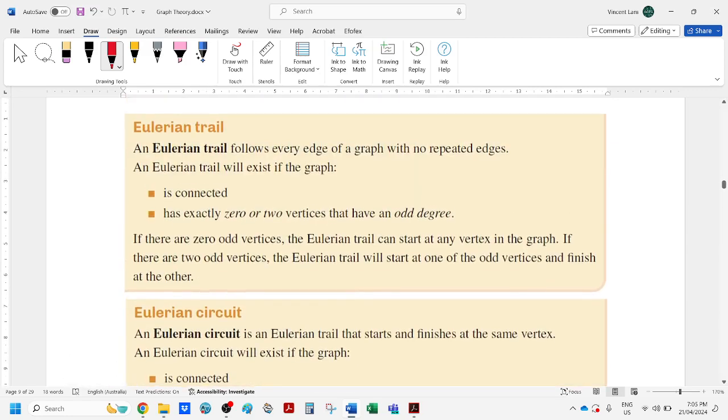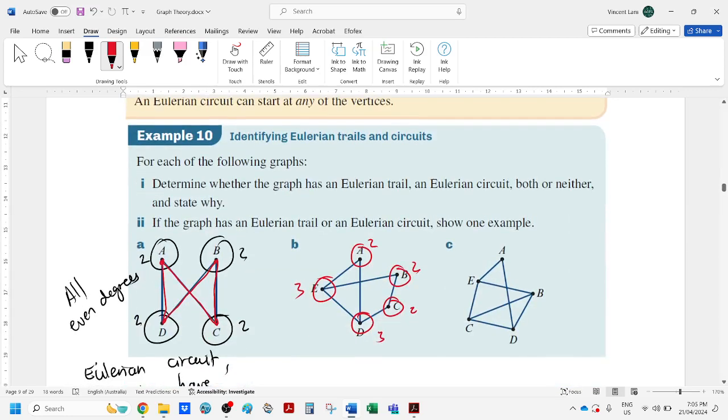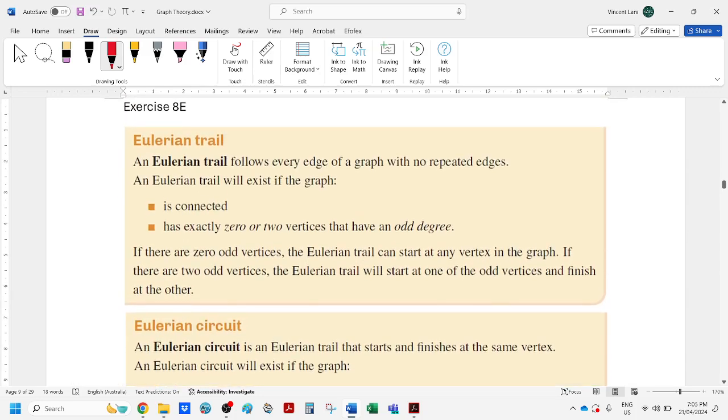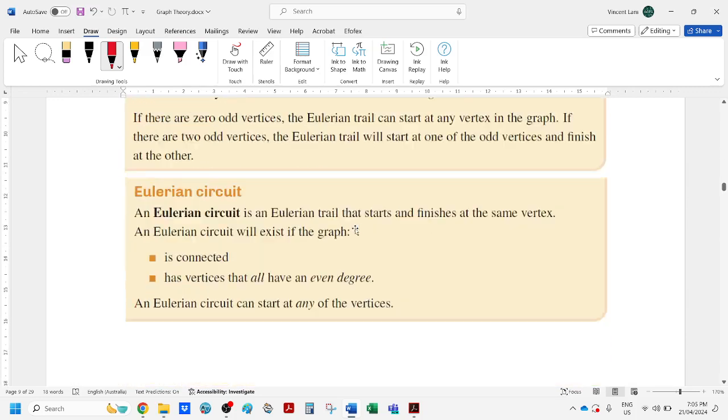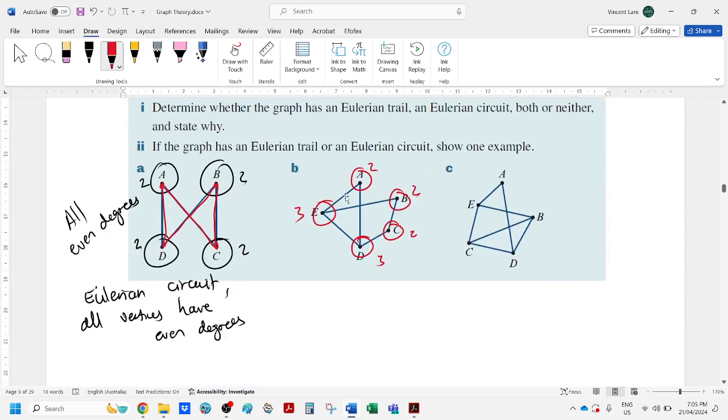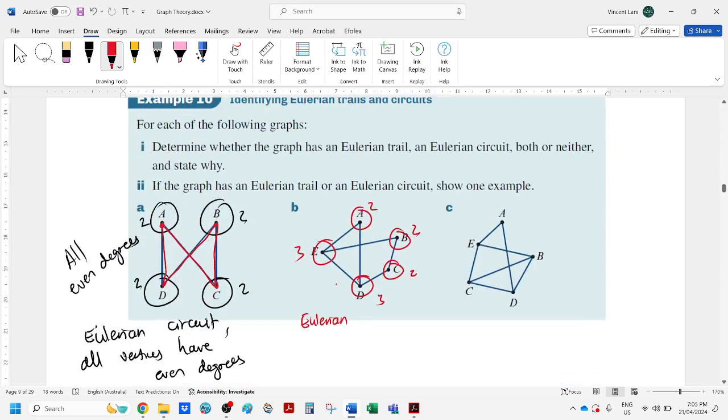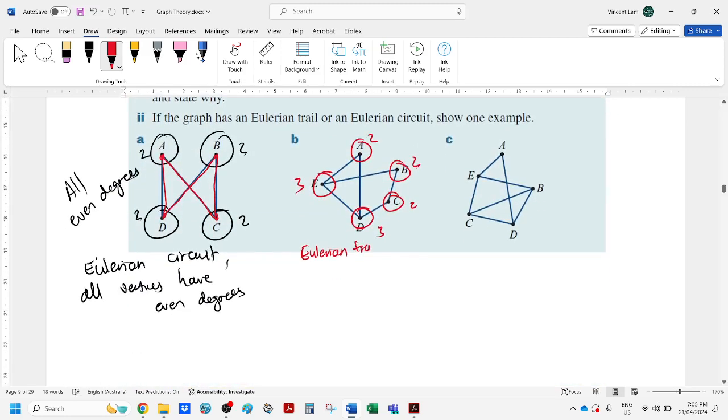So this one is not an Eulerian circuit because there are some odd degree vertices. However, an Eulerian trail has 0 or 2 vertices that are odd. So as you can see here, there's 2 vertices that are odd. So that means this one will have an Eulerian trail. Trail, yes. Okay. Don't use path. It has to be trail.